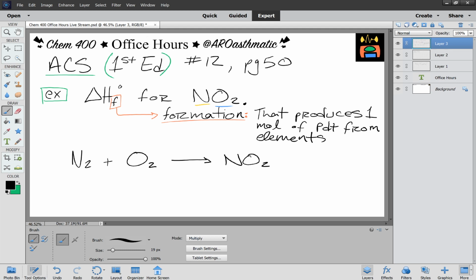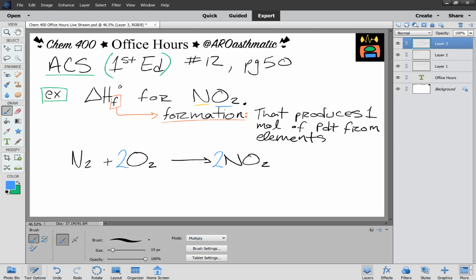All right. Now this equation isn't balanced, and if we were balancing this reaction like normal, we would recognize that we have 2 nitrogen on the reactant side and only 1 on the product side. So we would multiply NO2 by 2, and then we would balance oxygen by multiplying O2 by 2. Now this would be the balanced chemical equation.